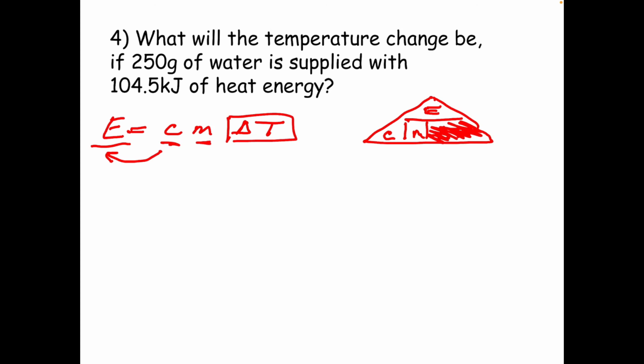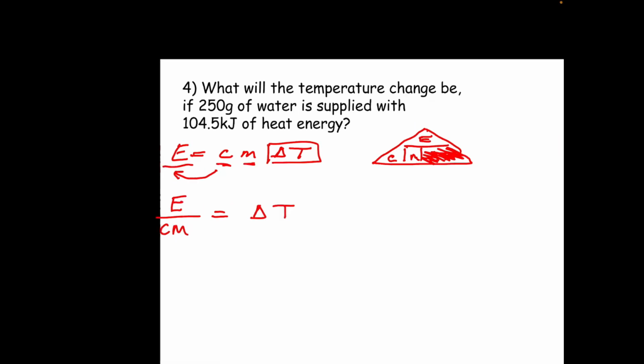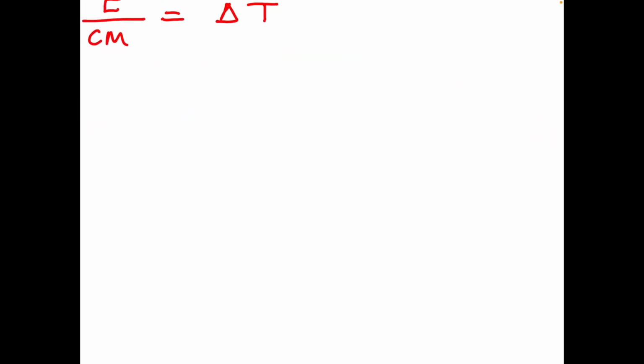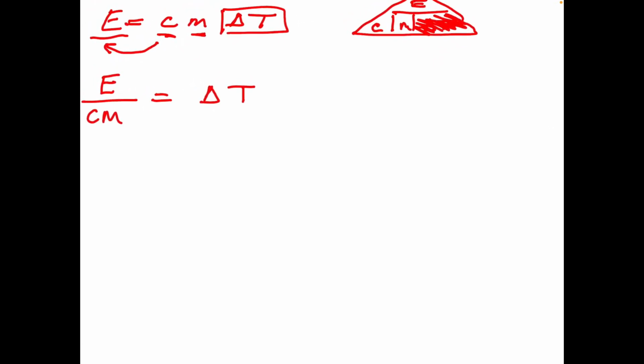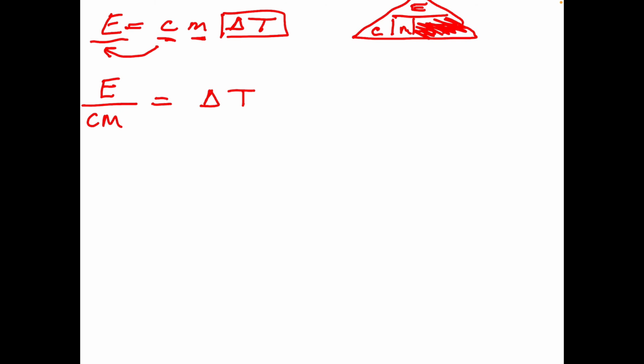So E is on top and C and M are below, so we're dividing by C and M. So that would be E over Cm is equal to delta T. I'm going to zoom out and zoom back in so I've got more space. What we're going to do now is we know that the energy is 104.5 kilojoules.